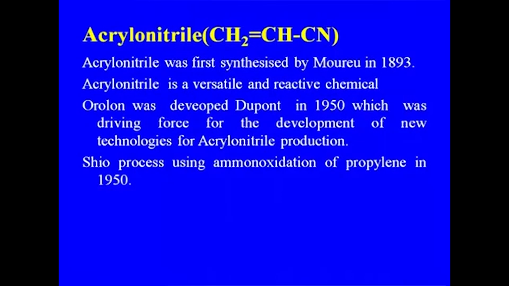The SOHIO process using ammoxidation came in 1950, and after that a number of process licenses and technology based on ammoxidation have been used. In the technological development, the reactor moved from fixed bed to fluidized bed, and now the latest is the fluidized bed reactor in acrylonitrile manufacture.